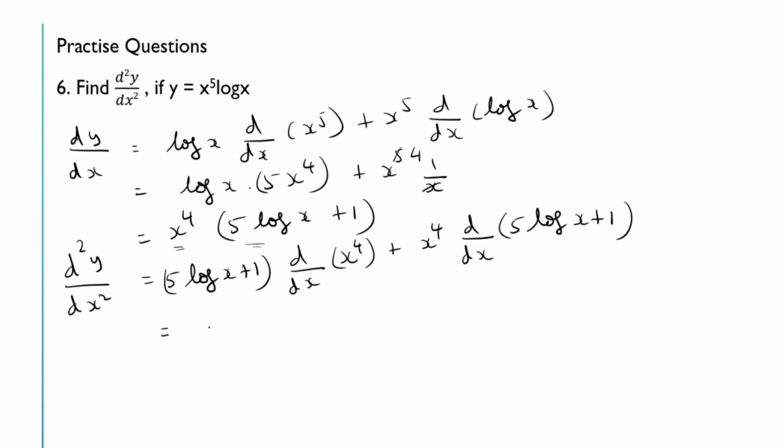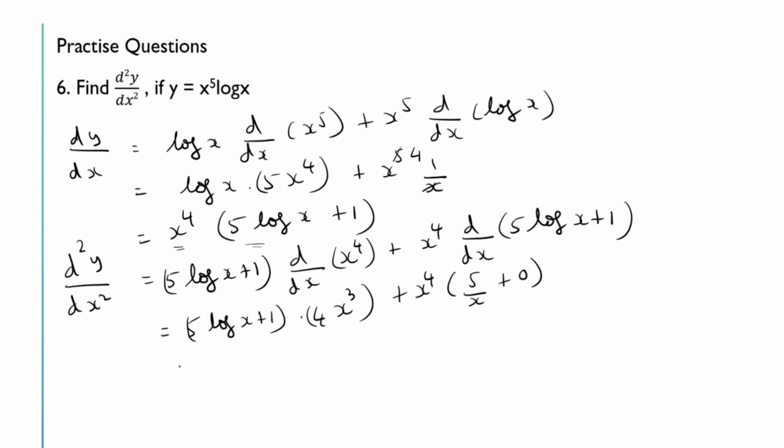So this is equal to (5 log x plus 1) into the derivative of x raised to 4, which is 4x cubed, plus x raised to 4 into d by dx of 5 log x, which is 5 into d by dx of log x. So it is 1 by x, 5 by x, plus d by dx of 1, which is a constant term. So it is 0.